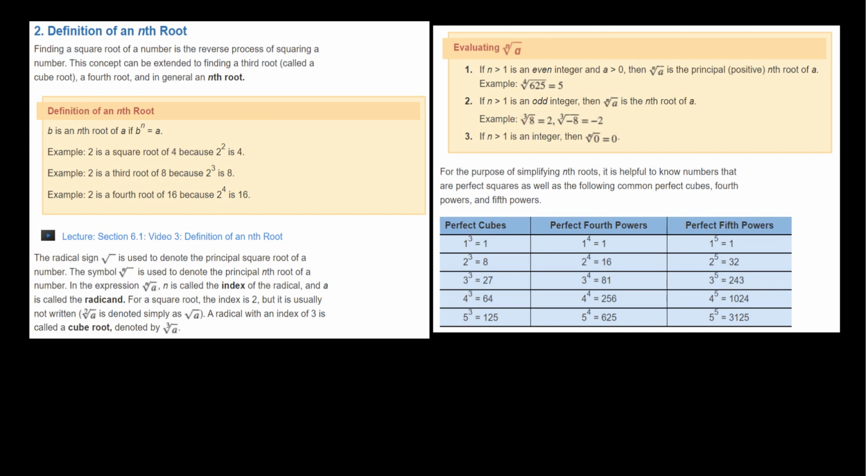Now, I had you write down the square roots that we use quite often. Here we have perfect cubes, perfect fourths, and perfect fifths. Definitely know all 5 of the perfect cubes. Honestly, I don't really remember going much further than the first 3 of the fourth powers and the first 2 of the fifth powers.